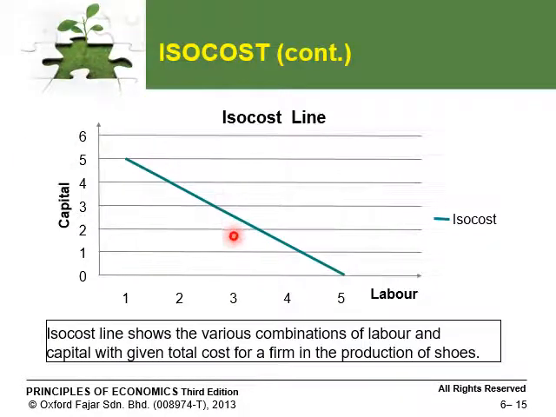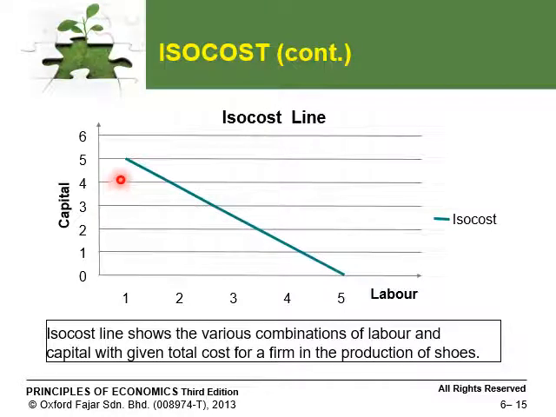So this is how the isocost line looks. It is based on the combination of points between every level of output. At each level of combination between two variable inputs such as capital and labor, there will be a point of output.